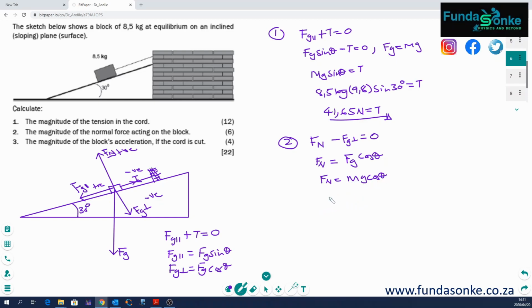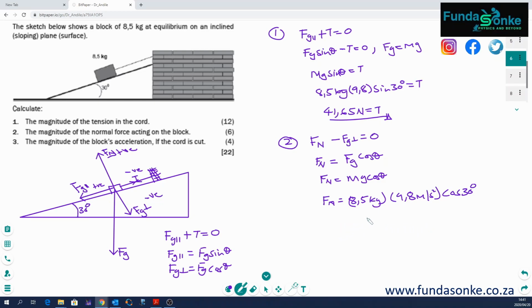Okay, therefore our normal force Fn is equal to mass, which is 8.5 kgs, multiplied by 9.81, which is gravitational acceleration, in meters per second squared, times cos 30 degrees, like that.